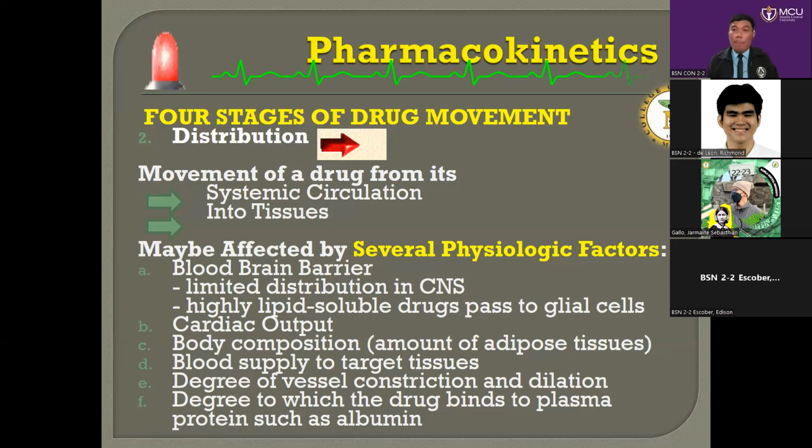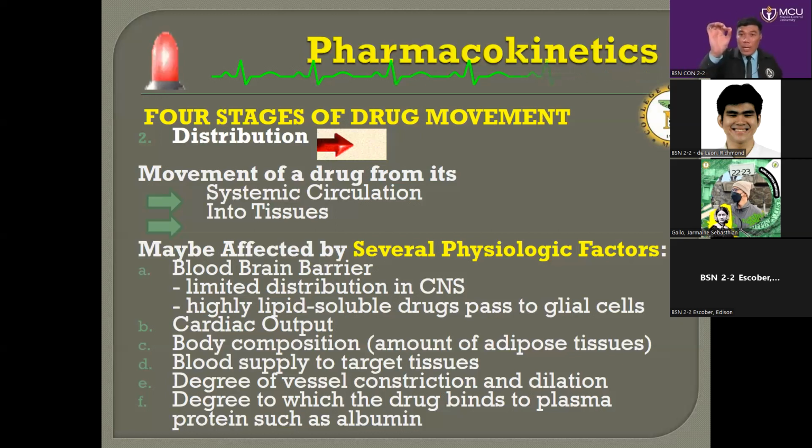For example, there are some drugs that are toxic. Example, if the client will undergo a CT scan and a dye will be administered intravenously, it will pass through the plasma until the brain. Kaya that's why pag nakita na yung discoloration na pumapasok dun sa monitor, ibig sabihin yun na yung dye na nakamix sa plasma.